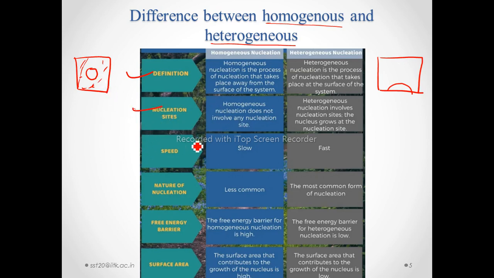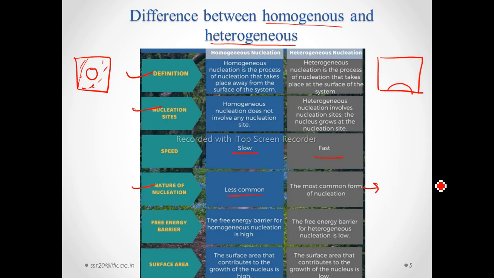The speed of homogeneous nucleation is very slow compared to that of heterogeneous nucleation. In nature, homogeneous nucleation is very rare because it takes place within the parent material, which is very difficult. Whereas heterogeneous nucleation is commonly found everywhere.